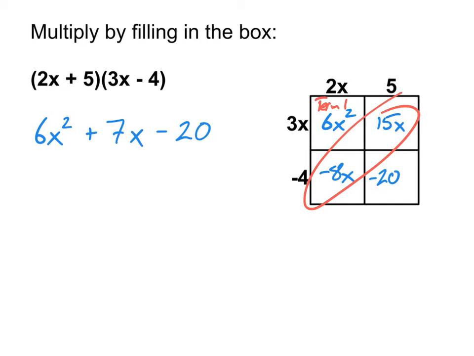And then the last one here, the negative 20, is the last term. So what do the two in the middle mean? Well, you'll notice that our middle number adds to whatever those add to. So if I can make those two boxes add to this, then I could factor it. And that's going to be the basic idea behind this method of guess and check.